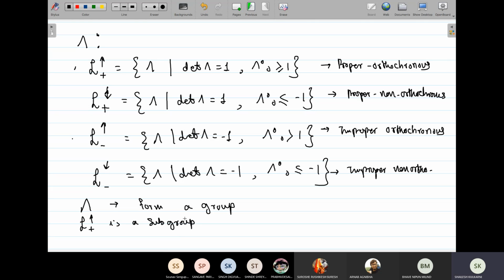L plus up is a subgroup of lambda, while these three are not subgroups of lambda. They do not form a subgroup.